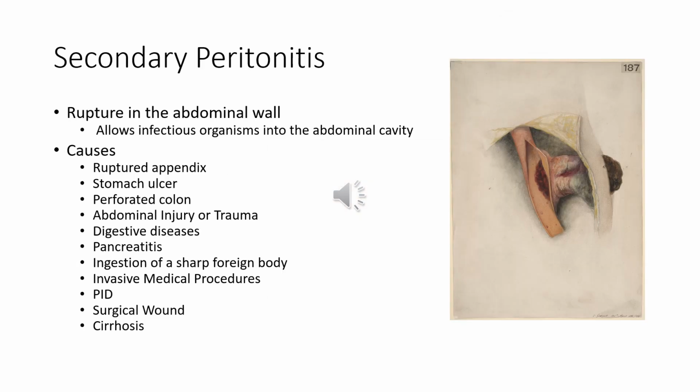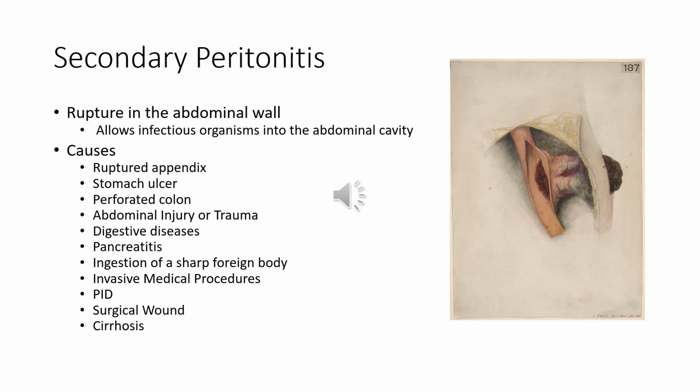There are two different types of peritonitis. One is secondary, which we see here. This is caused more so by a disease in the digestive tract, such as Crohn's disease or diverticulitis. It can also be caused from an ingestion of a sharp foreign body, such as a toothpick, fish bones, or glass.